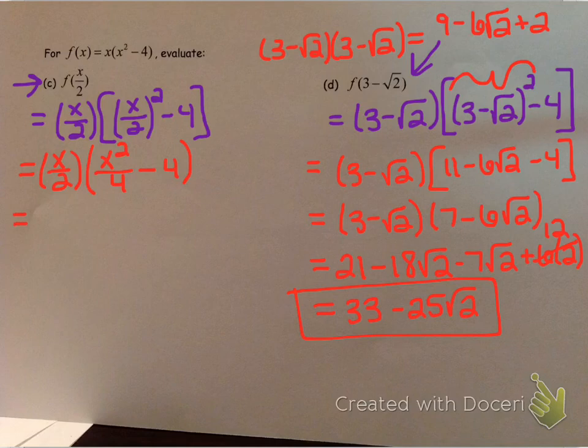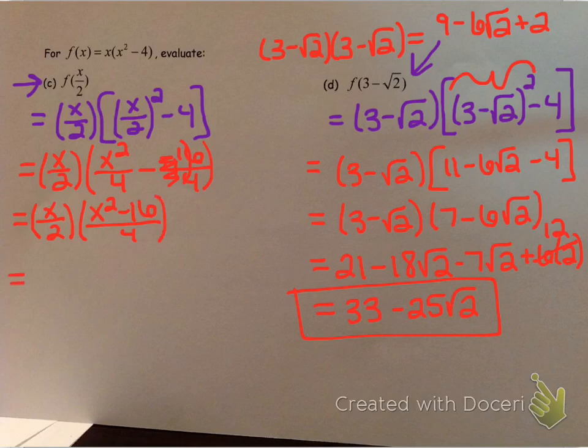So then the next thing I'd want to do is the subtraction. So that means I'm going to turn this 4 right here into 16 over 4 so that I have a common denominator and can do the subtraction. And so that would give me x squared minus 16 over 4.